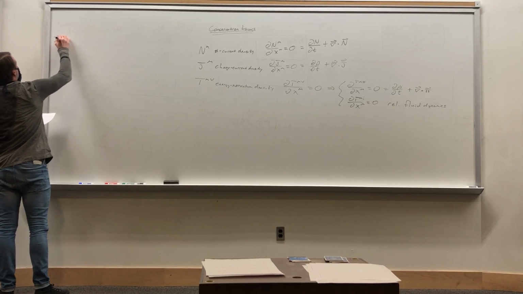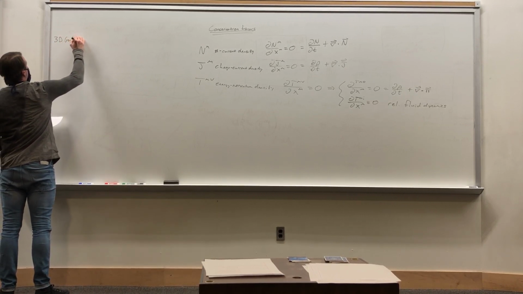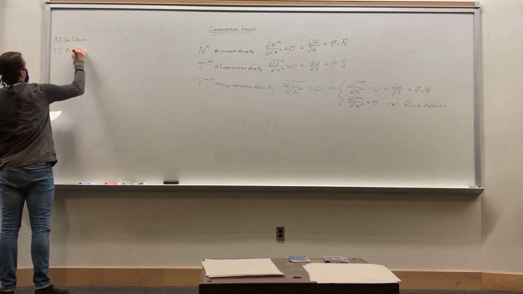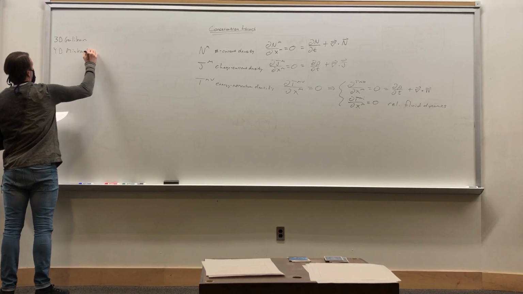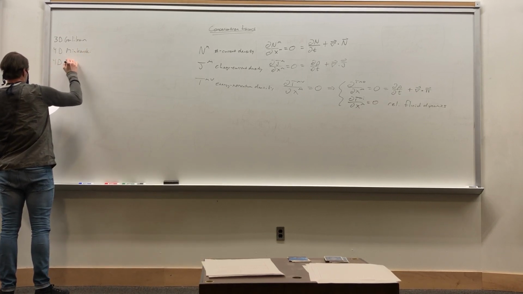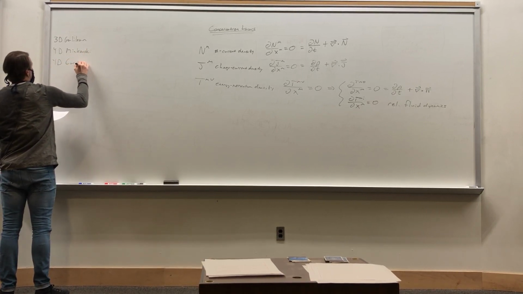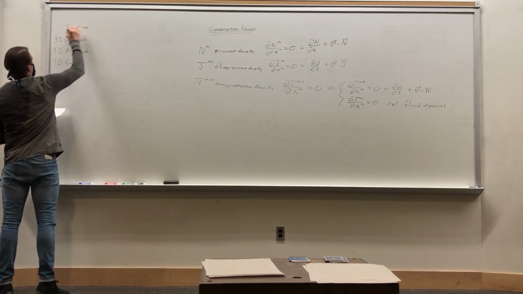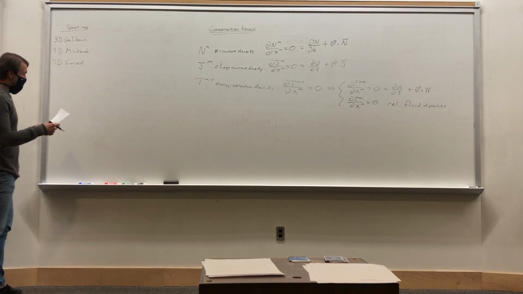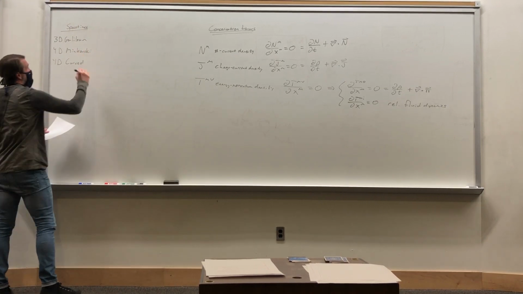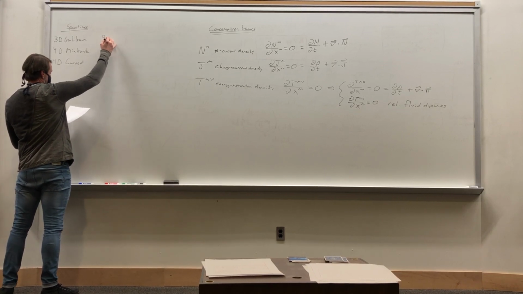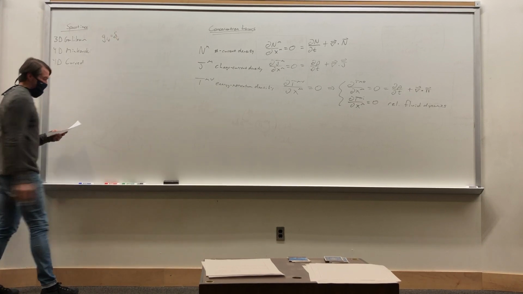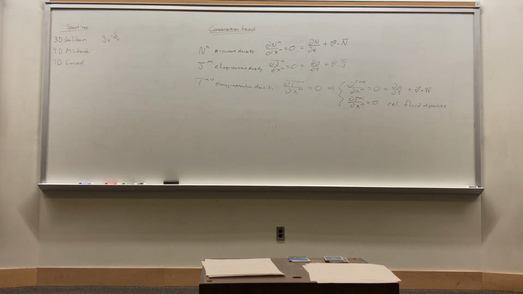So let's start with 3D Galilean, and then we'll go to 4D Minkowski, and then we'll finish with 4D curved. And these are all spacetimes. So first of all, in a 3D Galilean spacetime, the metric is really just the Kronecker delta, or the identity.